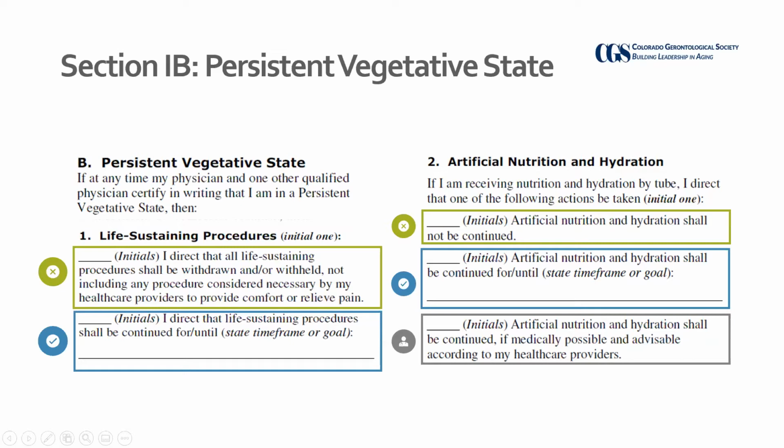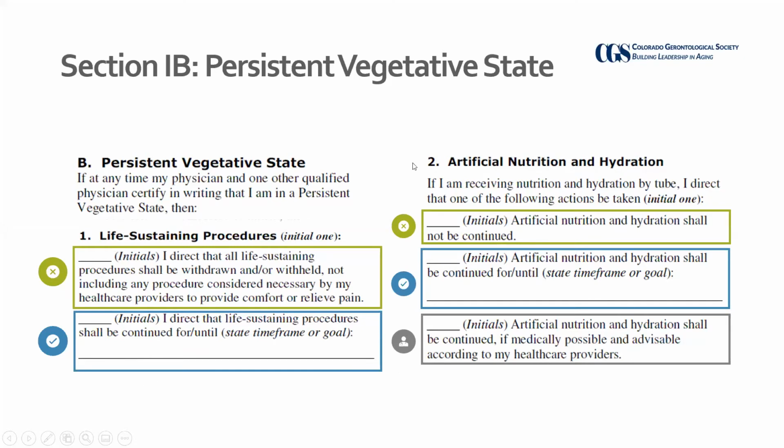We're going to say our thoughts about life-sustaining procedures and our thoughts about artificial nutrition and hydration. Remember, you could only initial one. For life-sustaining procedures, it's the same format. No, I do not want life-sustaining procedures, but still keep me comfortable and pain-free. Or you could say, yes, I do want life-sustaining procedures, and you could go ahead and indicate that time frame or goal in the line provided.